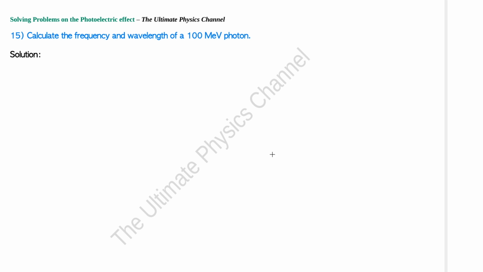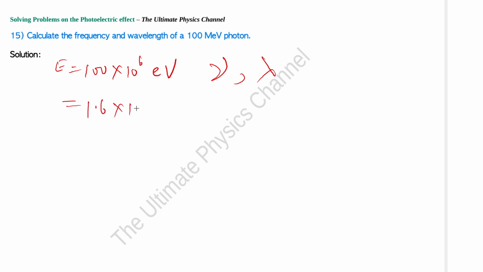Calculate the frequency and wavelength of a 100 MeV photon. The photon energy is 100 MeV, therefore 100 times 10 power 6 eV. What is nu and lambda? That's the question. If you convert this into joule units, it is 1.6 into 10 power minus 11 joules, right?